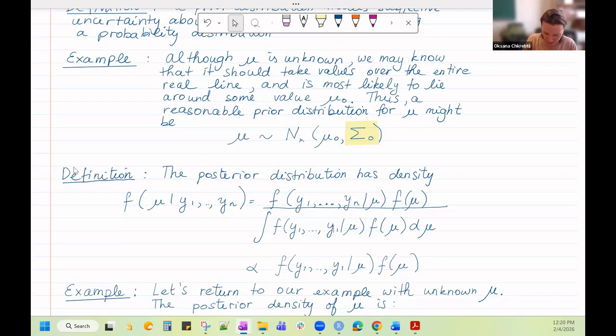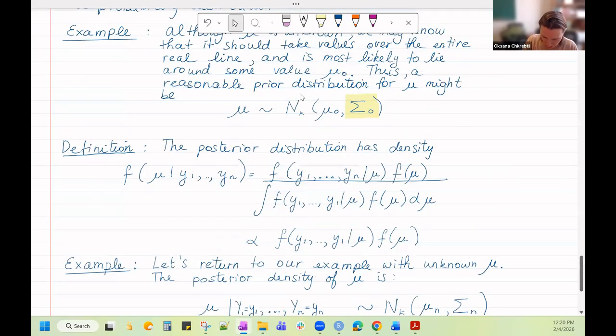We want this normal prior to be extremely diffuse, the density to be quite flat, almost equally likely for the mean to be in any region around the prior mean area.